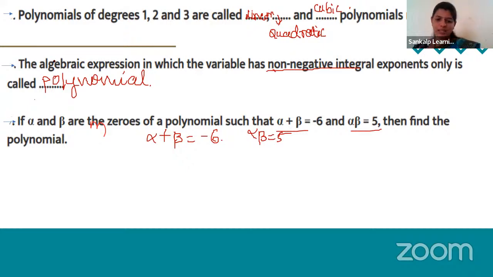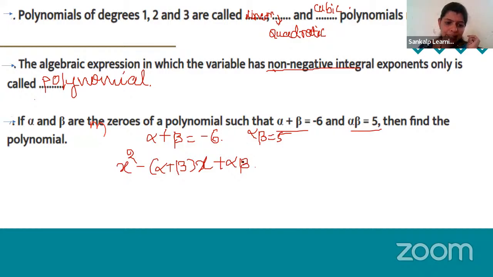We know one expression, right? While deriving the relationship between coefficients and the zeros of the polynomial, there we get one expression, that is x square minus (alpha plus beta) into x plus alpha into beta, right? So do you remember this relation, this expression? Yes, we know the value of alpha plus beta, and also the value of alpha into beta.